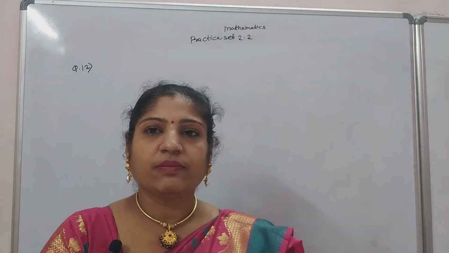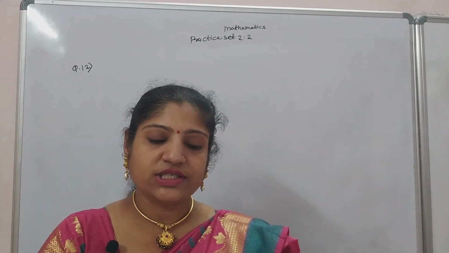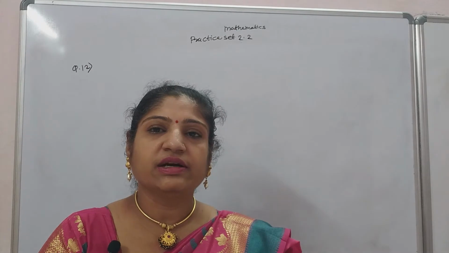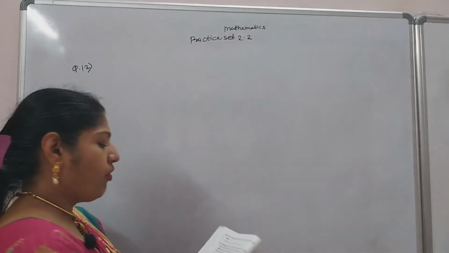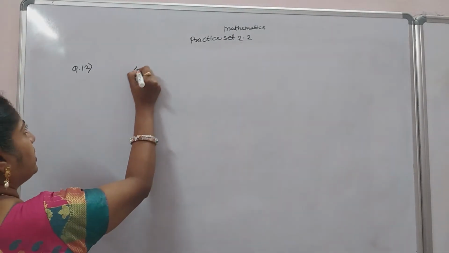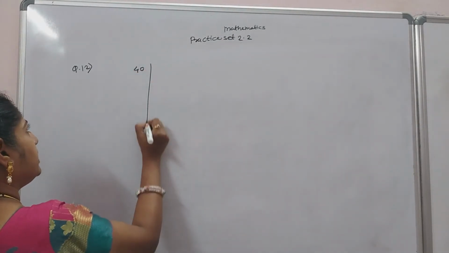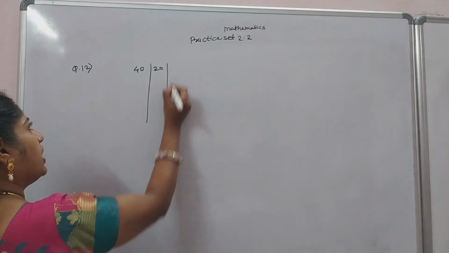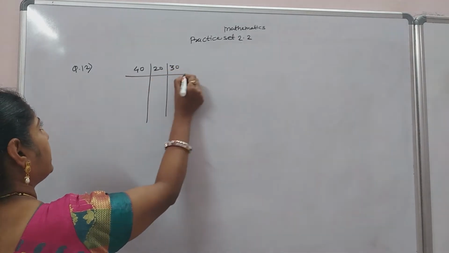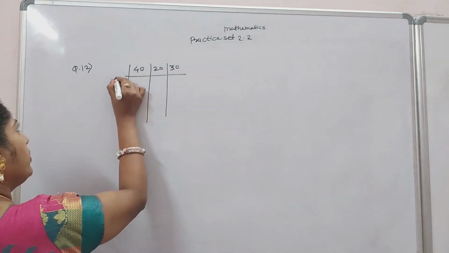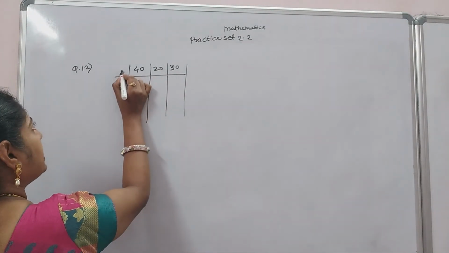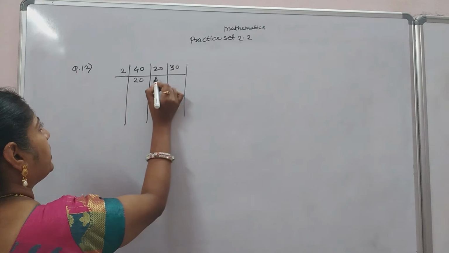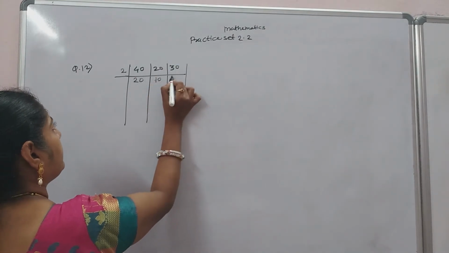Now in this example, we must find the GCD, because GCD is the greatest common factor. Numbers are 40, 20 and 30. I use the factorize method at a time, and we have to find only the common factor. These numbers are divisible by 2: 20, 10, 15.